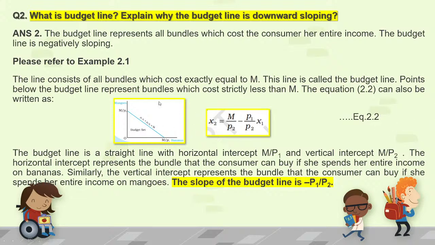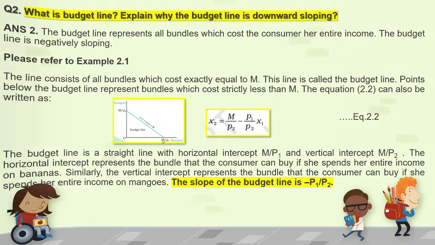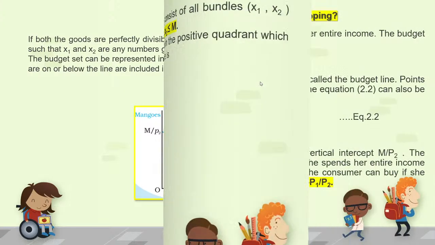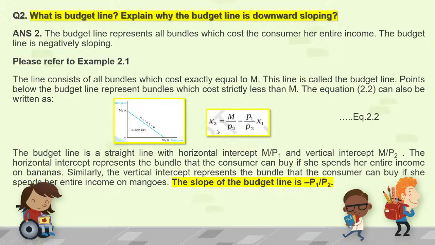Now if we see equation 2.1, for that I need to go back again. See here, if we work out a little more on equation number 2.1, we can find out the value of x2. x2 is nothing else but the quantity of the second good, or good 2. So this way we can find out the value of any of these variables if further values are given. Here the budget line is a straight line with a horizontal intercept, as I've already discussed.